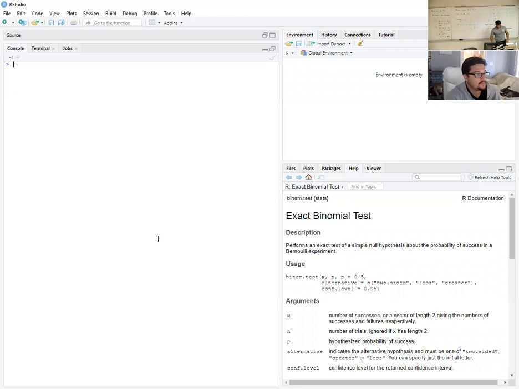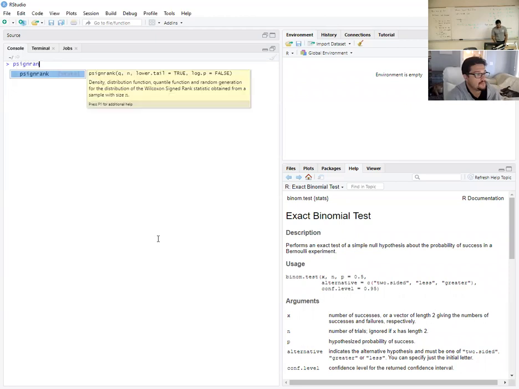So let's just take psignrank. And you'll see it says psignrank, q, n, and lower tail. So n would be the sample size. So n could be 4, 5, whatever. q is the quantile that you pick.